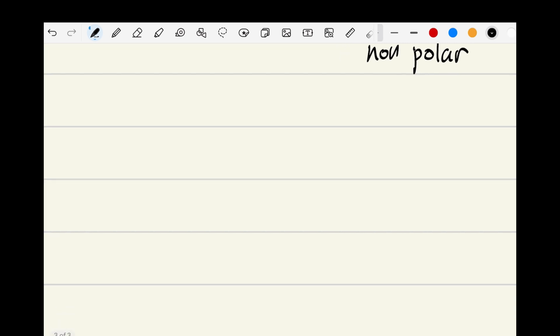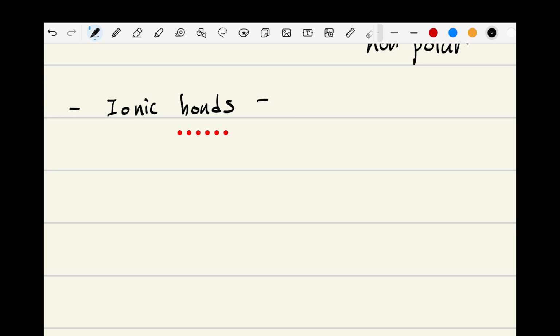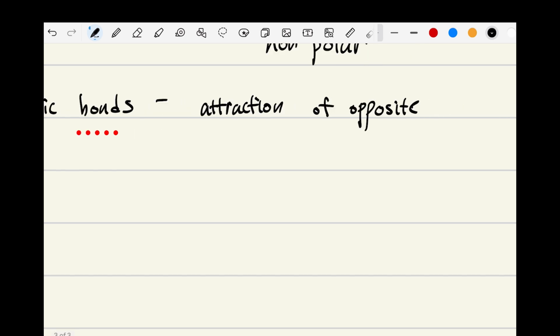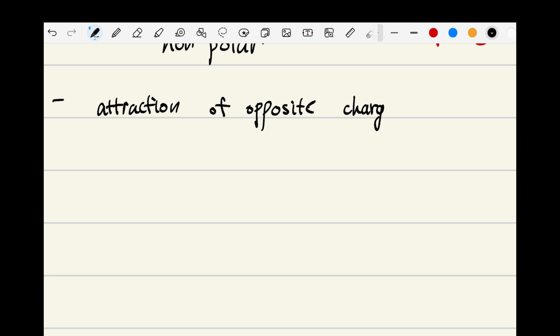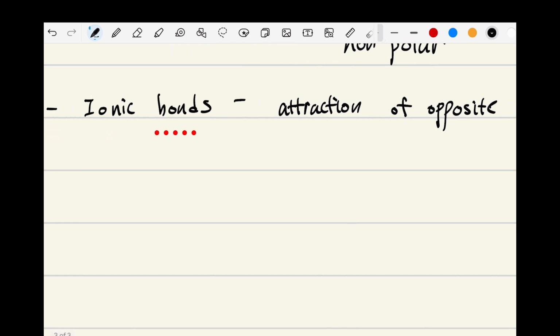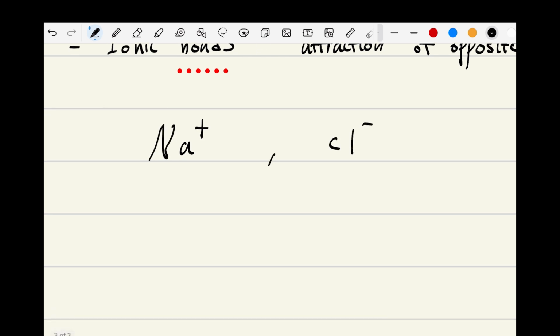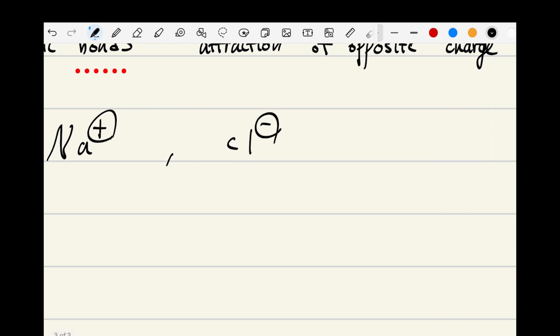And now let's talk about ionic bonds. Ionic bonds are made due to the attraction of oppositely charged ions. For example, there are 2 ions named sodium and chloride. The sodium ion is positive and the chloride ion is negative.